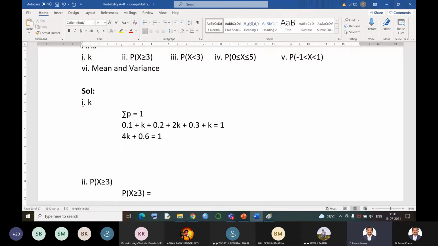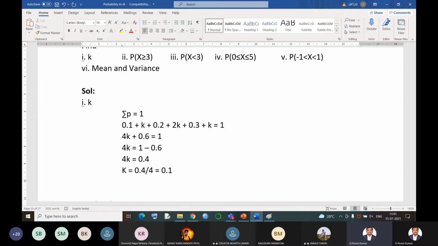Then next, finding the value of k, simply sending the constant to the right hand side, we get 4k is equal to 1 minus 0.6. So 4k is equal to 0.4. That implies k is equal to 0.4 divided by 4, that is equal to 0.1.